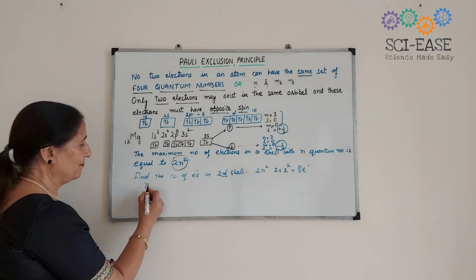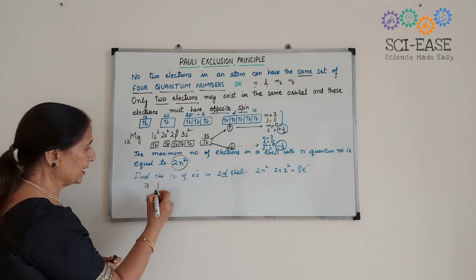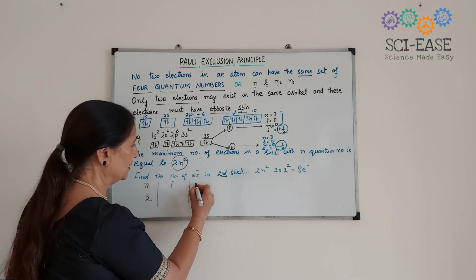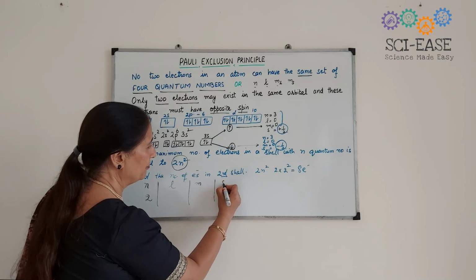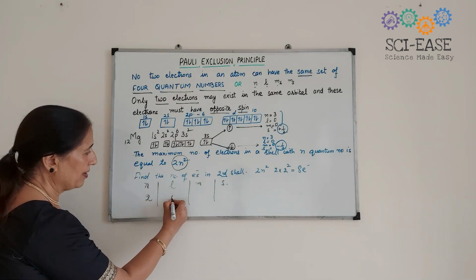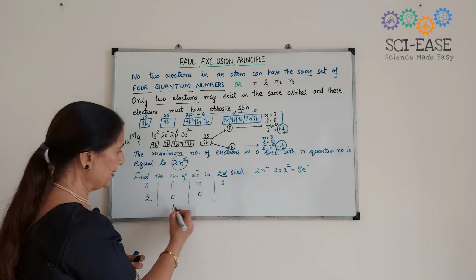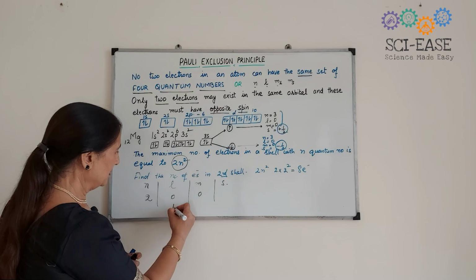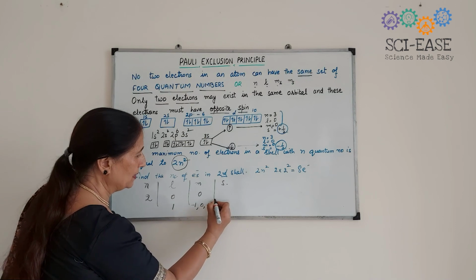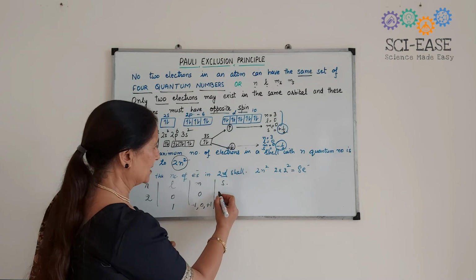Here we can find it in another way. Now take n equal to 2. Here we write n, then the value of l, then the value of ml, and then the value of s or ms. For this, l is 0 and 1, ml is 0 for l equal to 0, and for l equal to 1 it is -1, 0, +1.